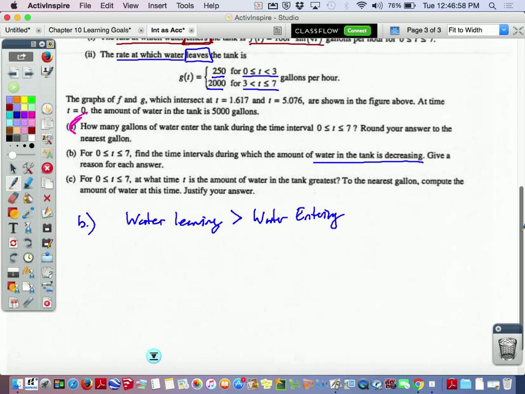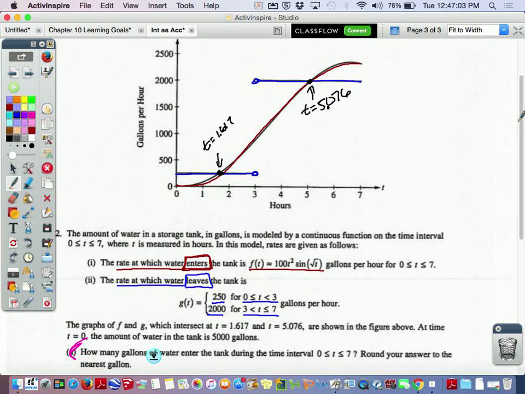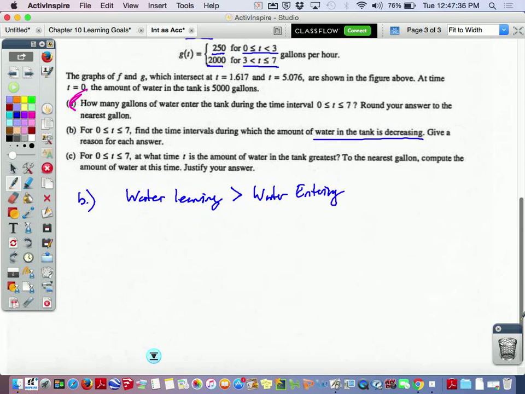Where is the water leaving greater than the water entering? And on the graph, it's the time periods where those horizontal functions, which represent water leaving, are higher up on the graph than the other function. So that's going to represent this part right here and this part right here. On those intervals of x values, that is where the amount of water leaving is greater than the amount of water entering. Luckily, we have those intersection points.